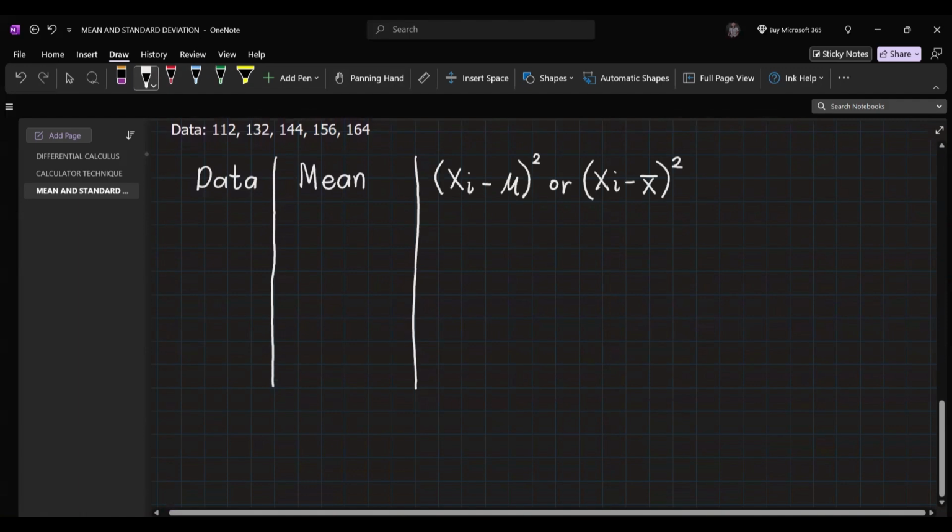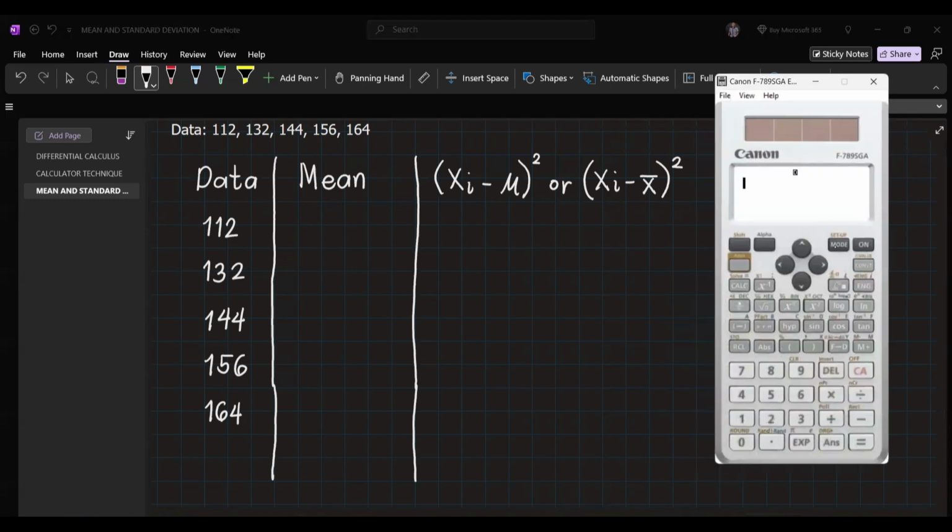And then yung data natin, 112, 132, 144, 156, and 164. So, kunin natin si mean using yung calculator natin kanina, mode 3, 1.